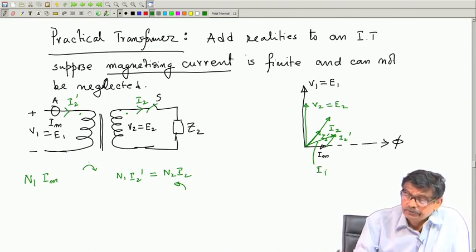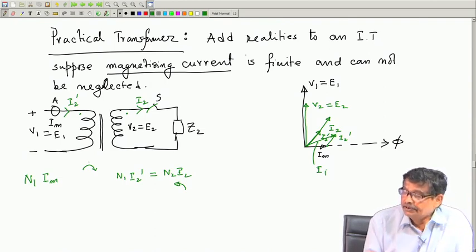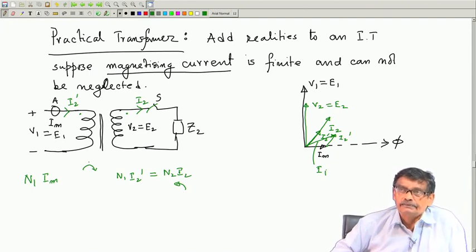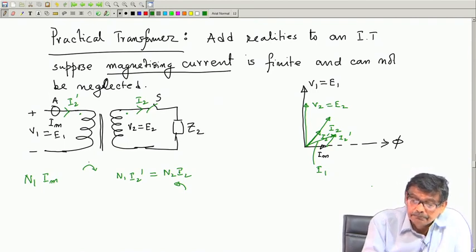There was I 2 dashed plus I m, you add and you get the primary current. This is a crucial point. Open the switch, the ammeter will read I m. Close the switch, the ammeter will read I m plus I 2 dashed, this plus this.